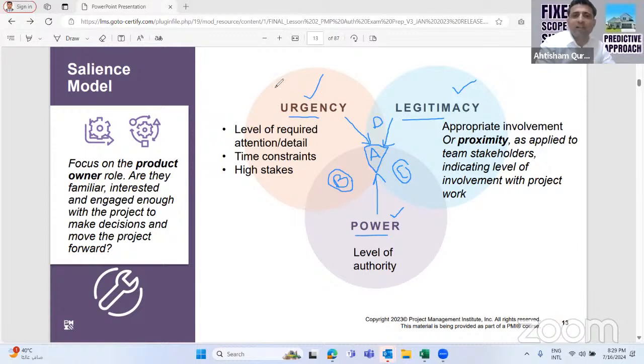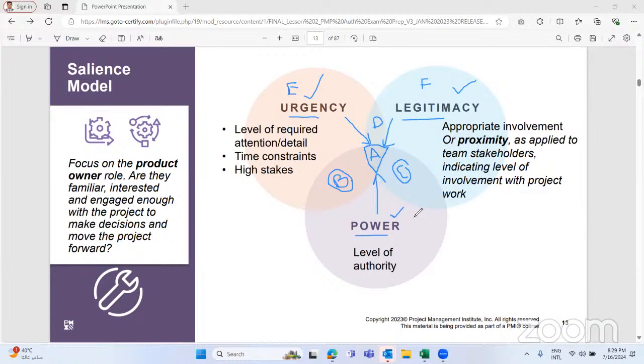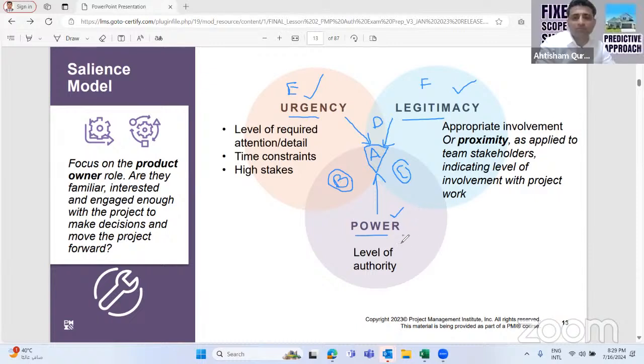Then there could be some stakeholders which only have urgency, some which only have legitimacy, and some which only have power. Make sense?